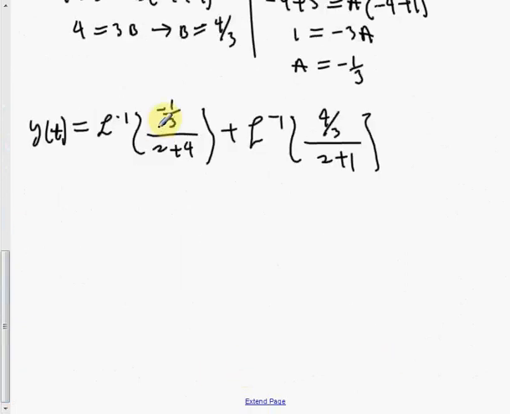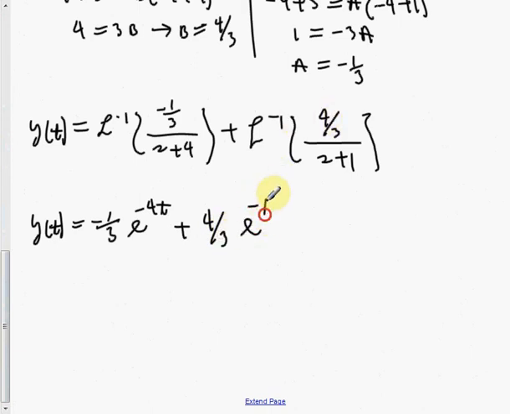So you can pull that negative 1/3 out in the front, so we get y of t is equal to negative 1/3 times e to the negative 4t plus the 4/3 here, pull that out in the front, times e to the negative t.